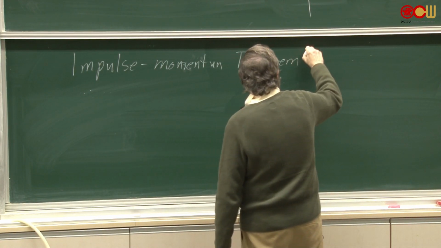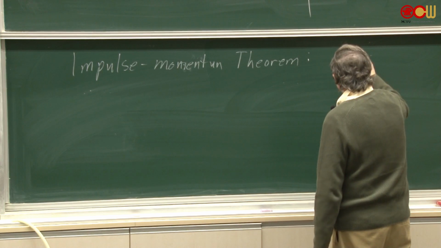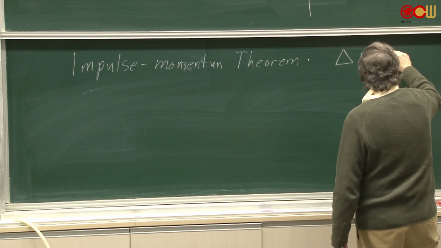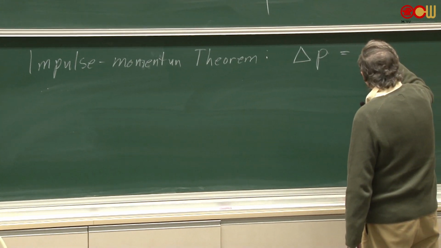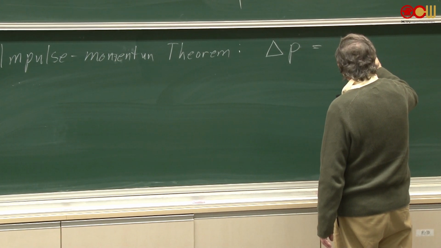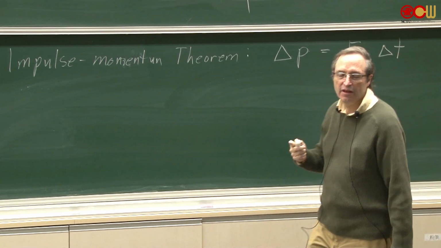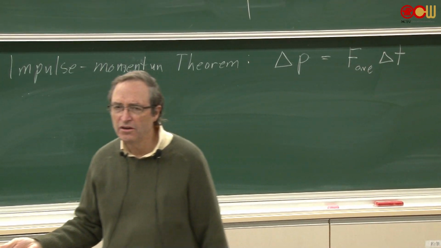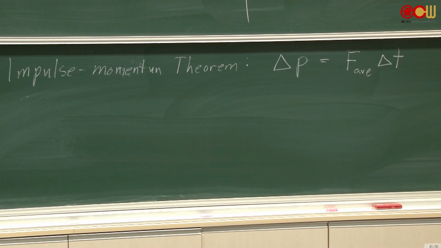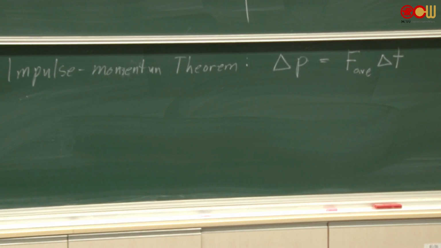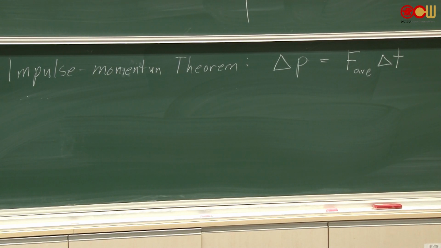What that says is the change in momentum is equal to the average force times delta t. It's really an integral, but we can just replace that integral by an average force times delta t.